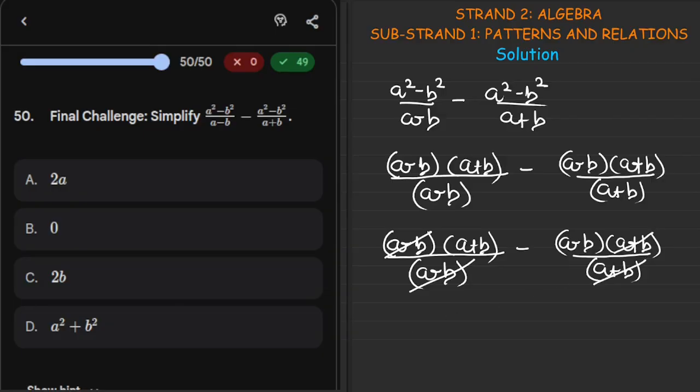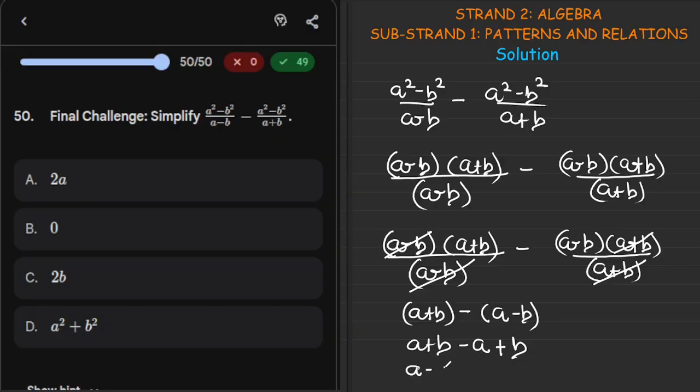And in essence, what do we have left? We have a plus b in one bracket minus, so these are minus, into bracket a minus b. So with that, if we are to open our brackets, we have a plus b, then minus times a gives us a negative a, and negative times negative b gives us a positive b.